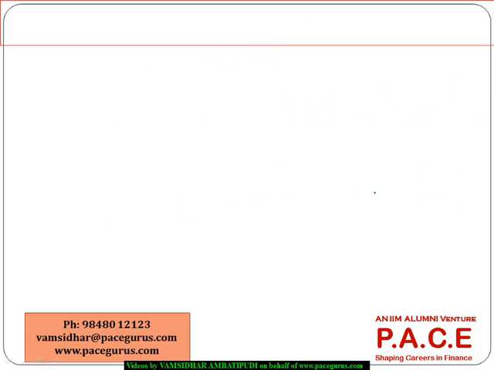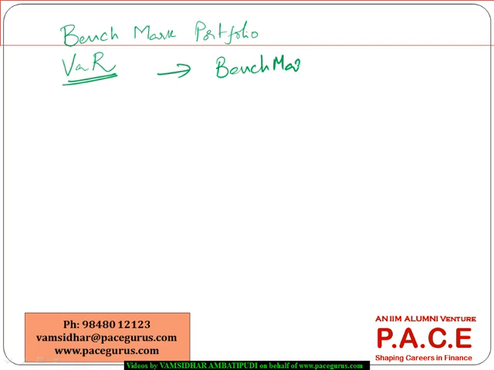Generally, we also keep hearing a word called a benchmark portfolio. I always select a portfolio which is more or less on similar lines in terms of risk as my target portfolio and try to compute the VAR with respect to that particular benchmark portfolio. That is what we are calling benchmarking. I would like to see for my target security or for my target portfolio what the VAR is. I'll try to compare it with that of a benchmark.